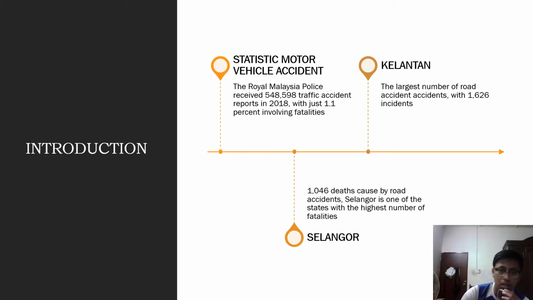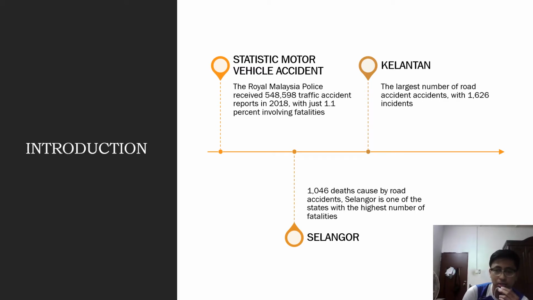Introduction. There are many vehicle accidents happening in Malaysia. Statistics released by the Royal Malaysia Police reported 548,598 traffic accident reports in 2018, with just 1.1% involving fatalities.